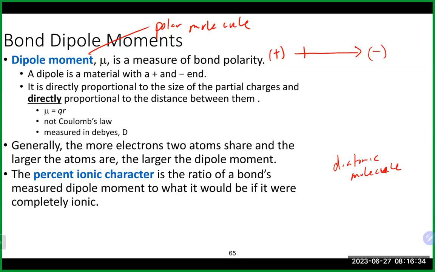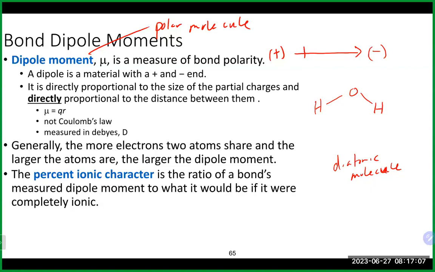So you could have individual bond dipoles, which are drawn with these arrows, and those arrows represent the individual bond polarity. And you could have another arrow that looks the same, and that will represent the entire molecule, which side of it is more negative and which side is more positive. We'll touch more upon it in the next chapter, but just to give an illustration, look at something like water.